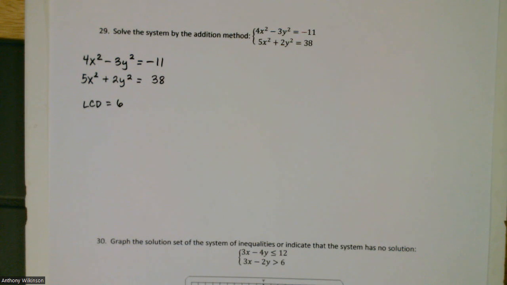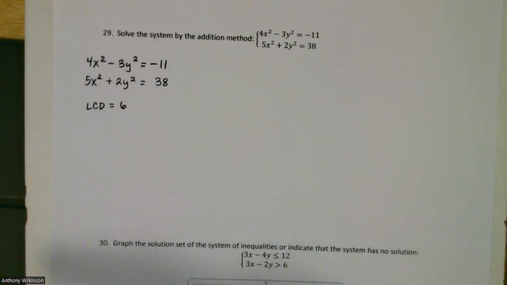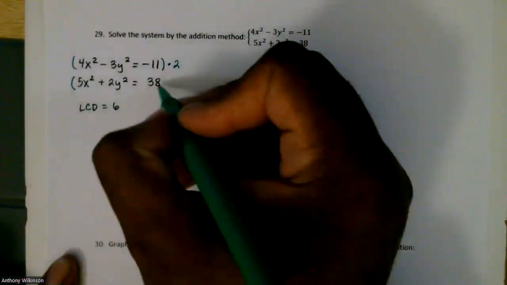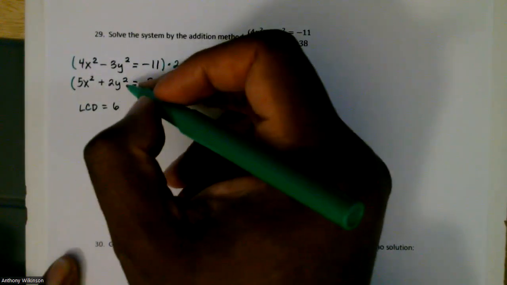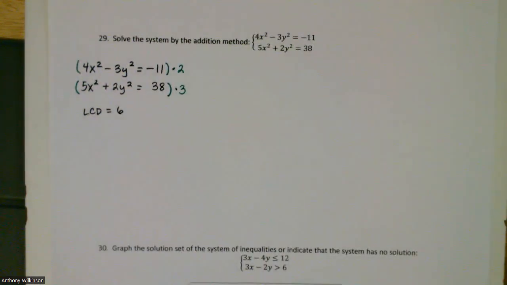That's the smallest number that's divisible by 3 and by 2. If I want that minus 3y squared to be minus 6y squared, I need to multiply that top equation by 2. And for the second equation, if I want that 2y squared to be 6y squared, I need to multiply that bottom equation by 3.